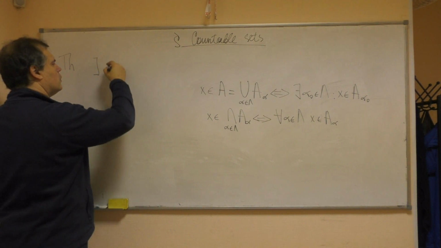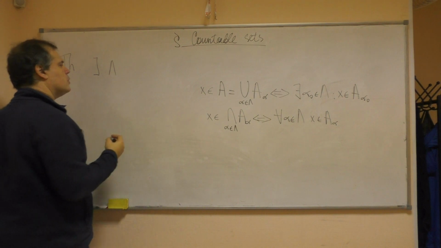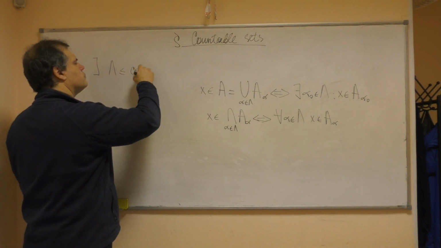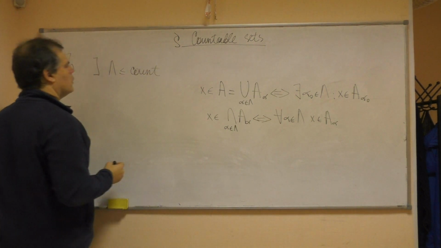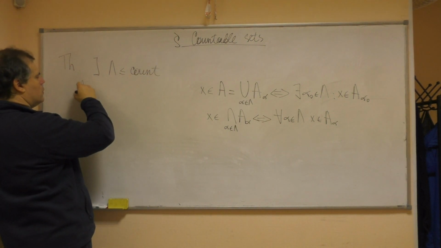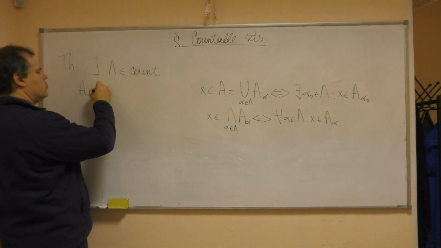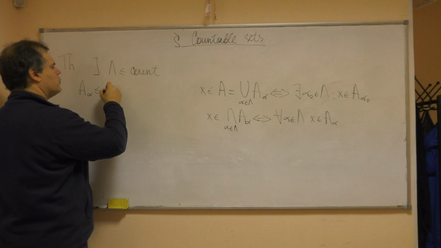Let our set of indices be less or equal than countable, and each set of this family is also less or equal than countable.